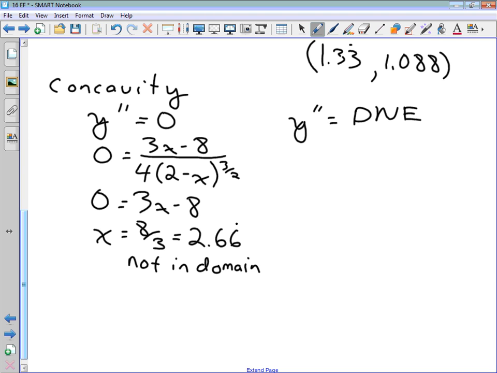Okay. Where does our second derivative not exist? Well, it doesn't exist where our denominator is going to equal 0. So basically where 2 minus x to the 3 over 2 equals 0. This is not going to exist wherever x is greater than 2.